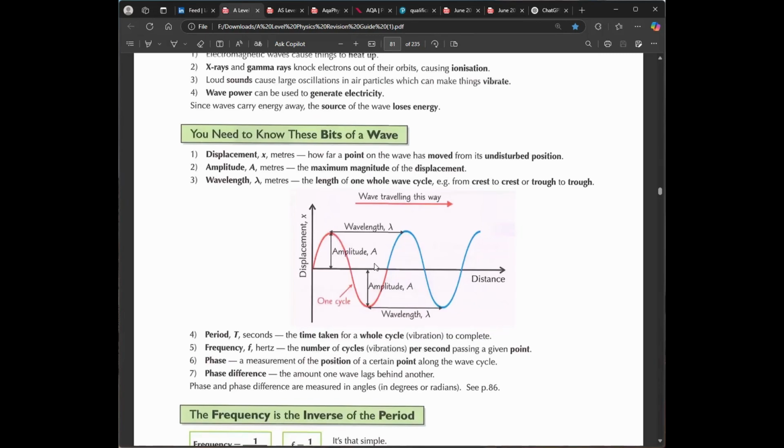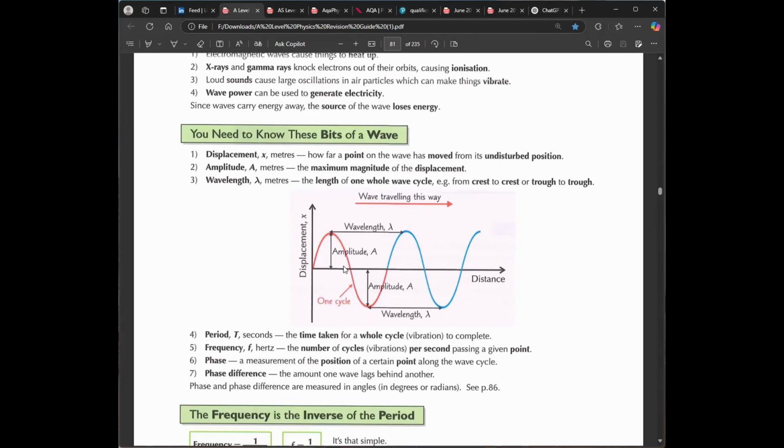So what are the different characteristics, the quantifiable things, that we can calculate to quantify the wave? Those are displacement, amplitude, and wavelength. In a displacement versus distance graph, displacement is measured from the mean position, the undisturbed position, which would be the zero position here.